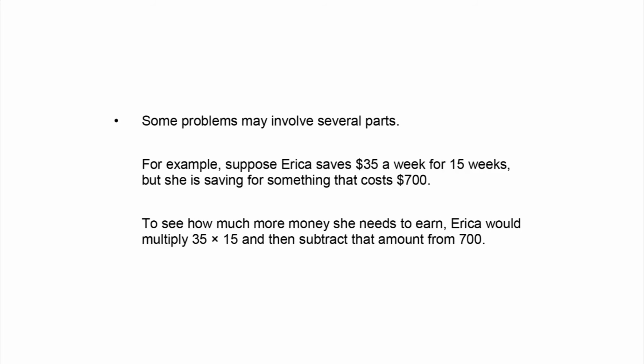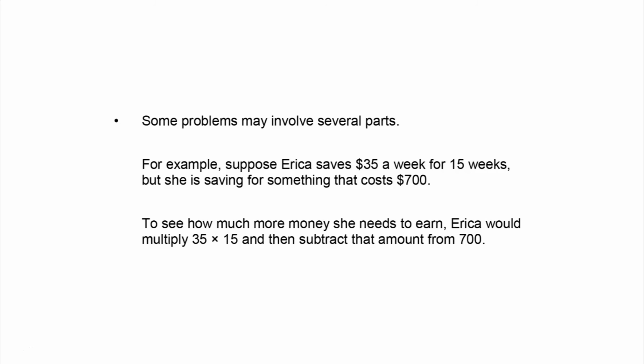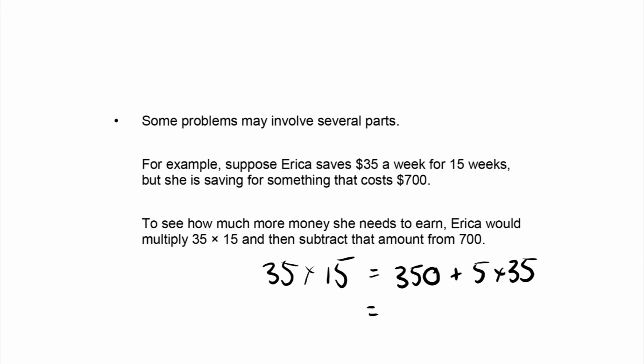To see how much more money she needs to earn, Erica would multiply 35 by 15 and then subtract that amount from 700. $35 times 15 is going to be equal to 350 plus 5 times 35, for a total of 525.